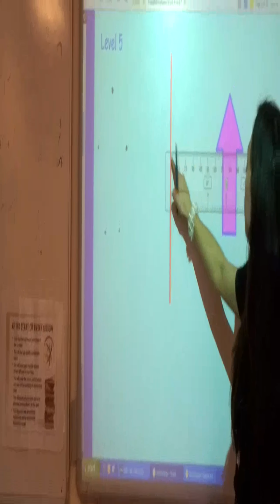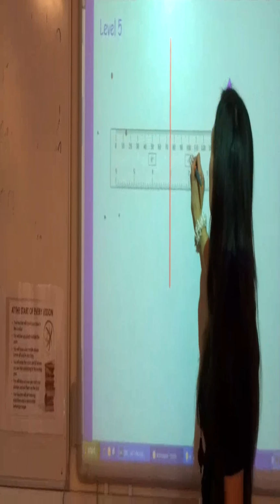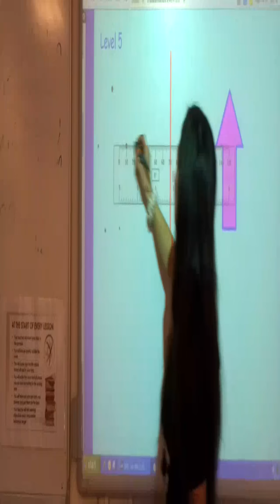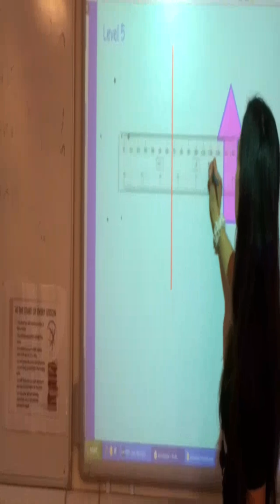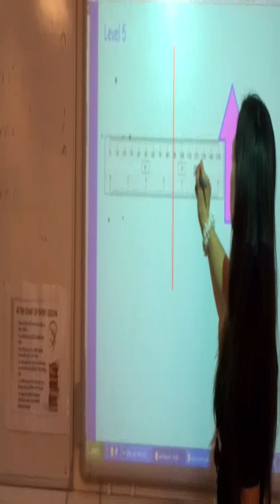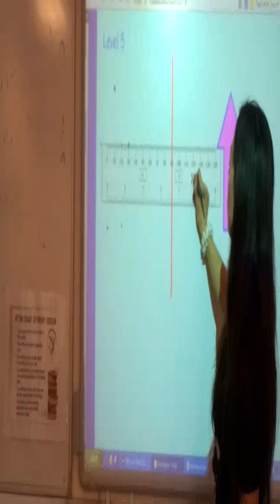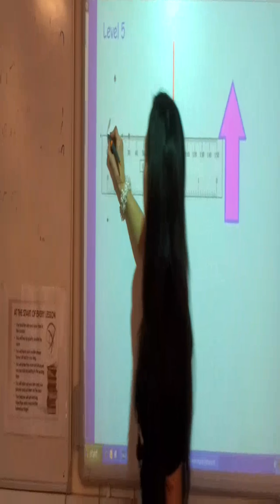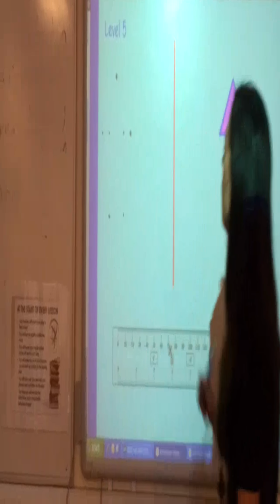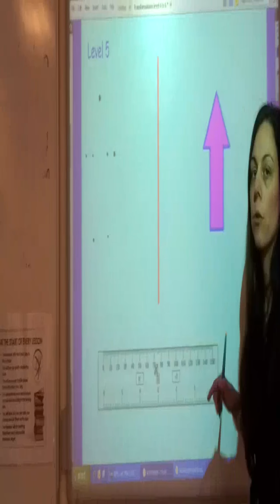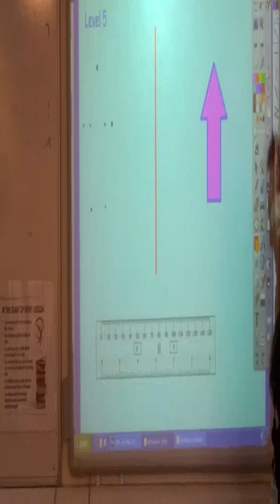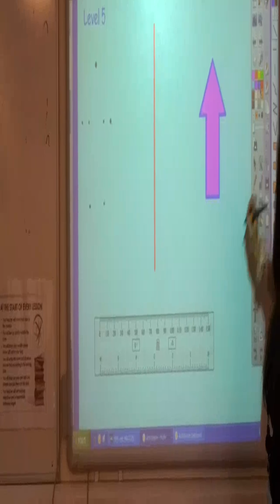That one there, 7. And then my last point, which is 9 centimetres. From there to there is also 9 centimetres. So I've got all the vertices of my shape drawn, and now I'm just going to join them up with a straight line.